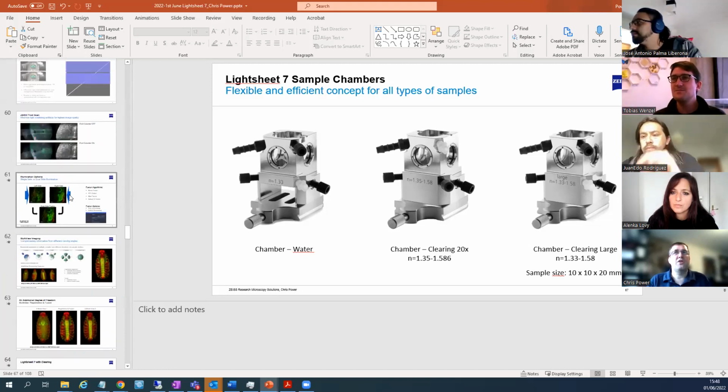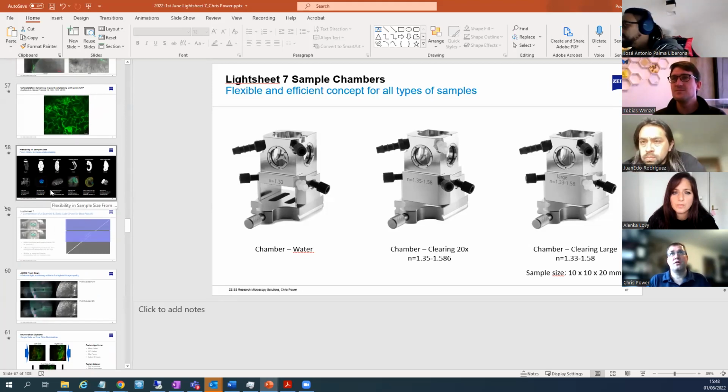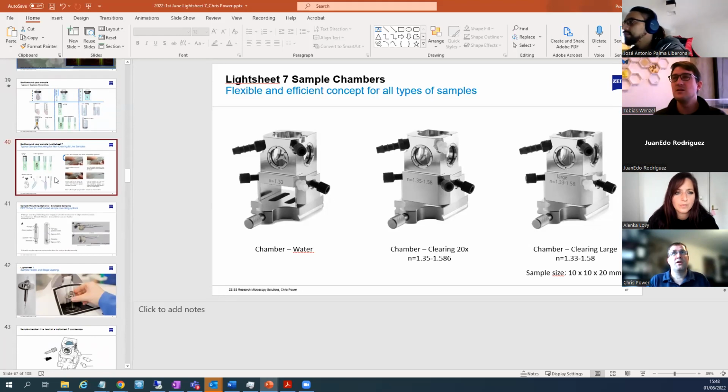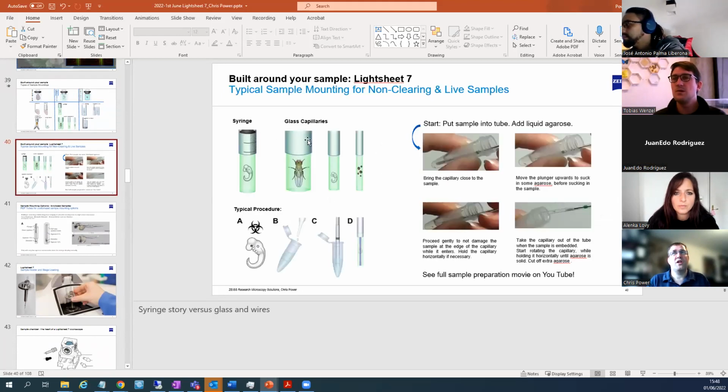Well, don't forget, you don't image through the capillary. When you image here, you have your glass capillary here, but you're not imaging through that. You're imaging through the agarose sausage, which is pushed out. And because it's made of agarose, you're trying to match it to the refractive index of the water.